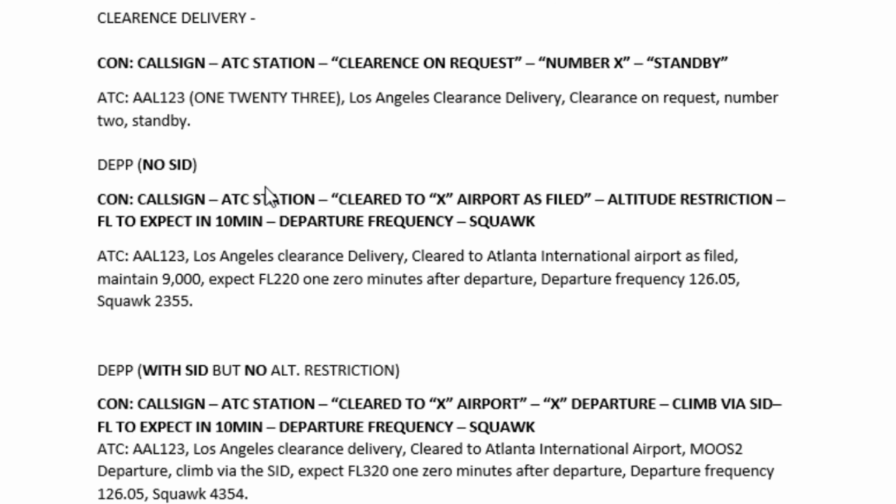And here I have this document, and you can see the construction of what you have to say, and an example. And for the clearance, you have 4 types of clearance. You have a departure procedure with no standard instrument departure, so it's this one with no SID.